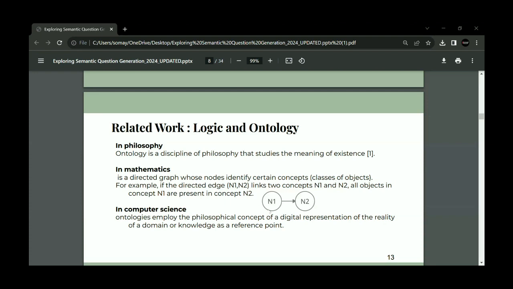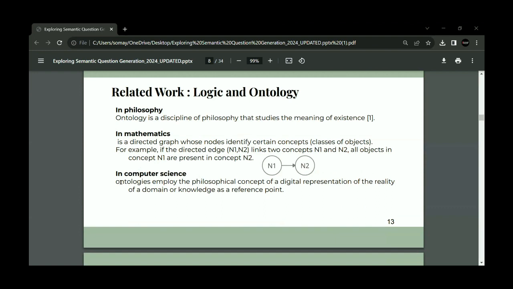For example, if we have this concept N1 and another concept N2, and there is a directed edge between N1 and N2, we can say that N2 is N1. In computer science, ontologies employ this philosophical concept of knowledge representation of the reality of domain or knowledge as a reference point.